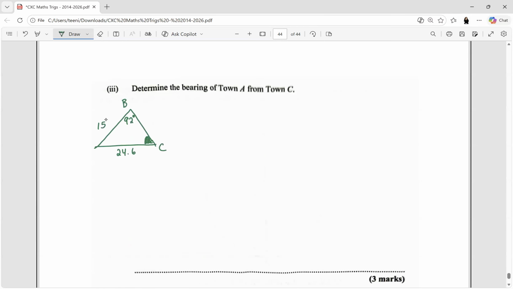Right. So remember that using your sine rule, B, which is the side opposite angle B, that's 24.6 over sine of 92 is equal to C, sorry. C is the side opposite angle C, so that's 15 over the sine of C, which is the angle I am trying to find.